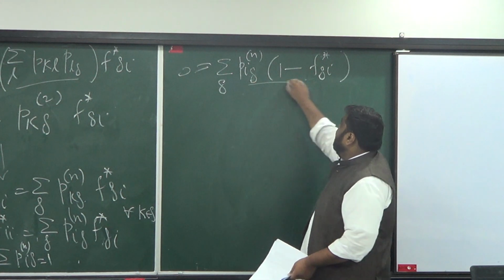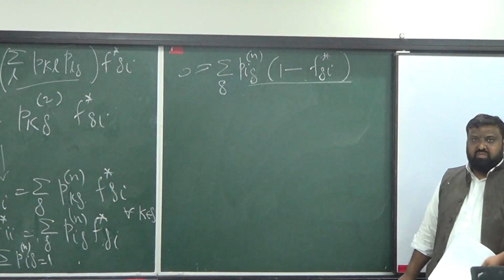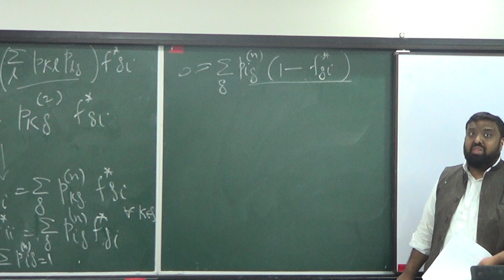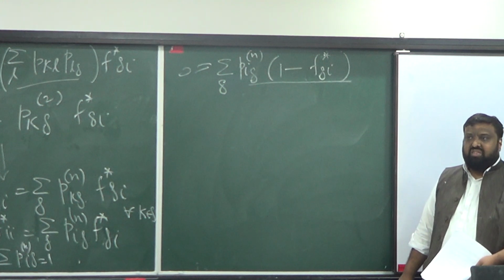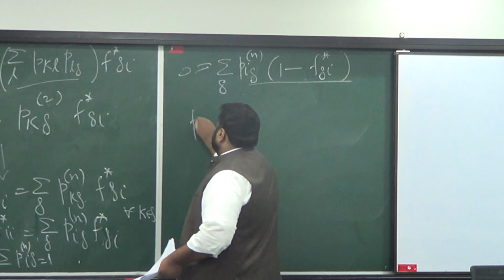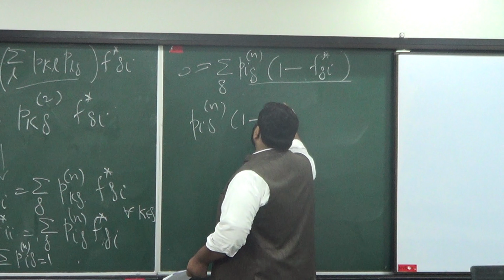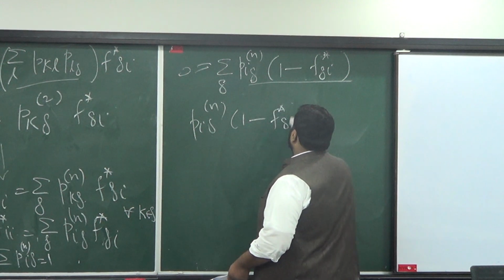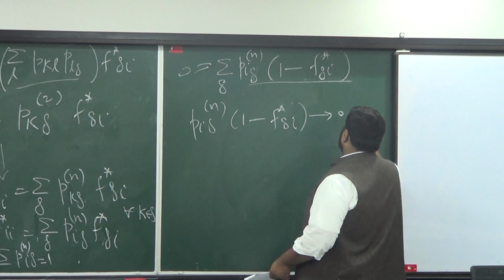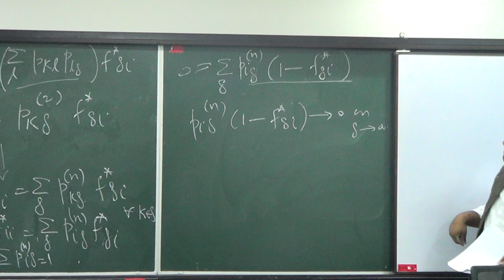Does it tell you something about this? The terms of the series, the sequence, must go to 0. So P_ij^n times 1 minus F star Gi must go to 0 as n goes to infinity.